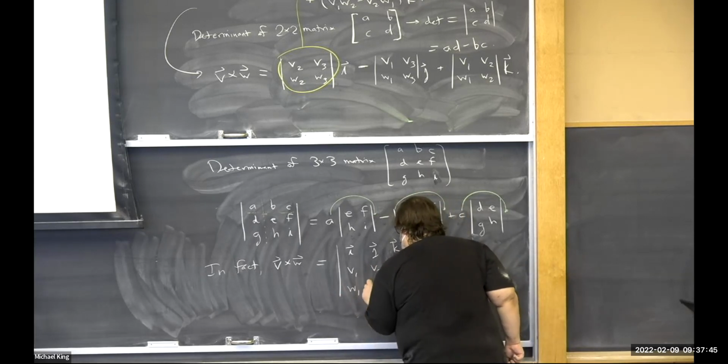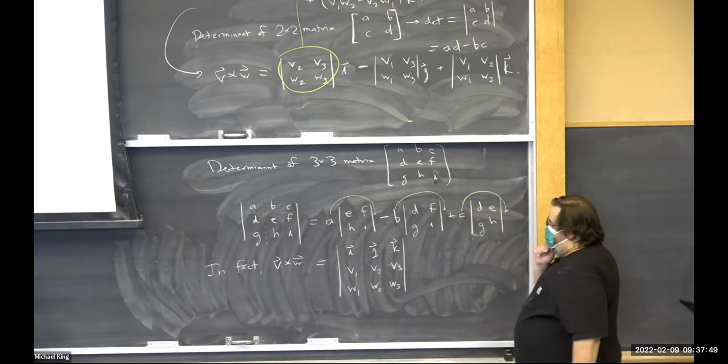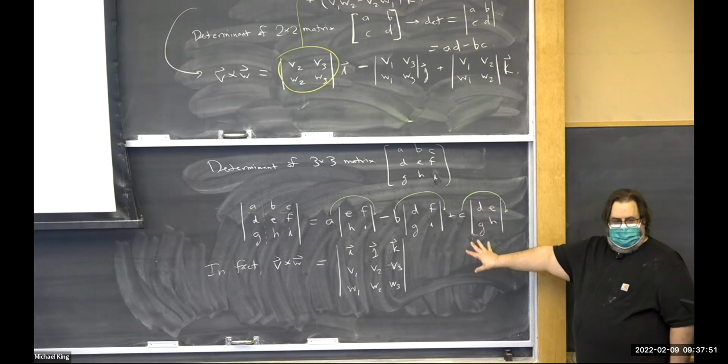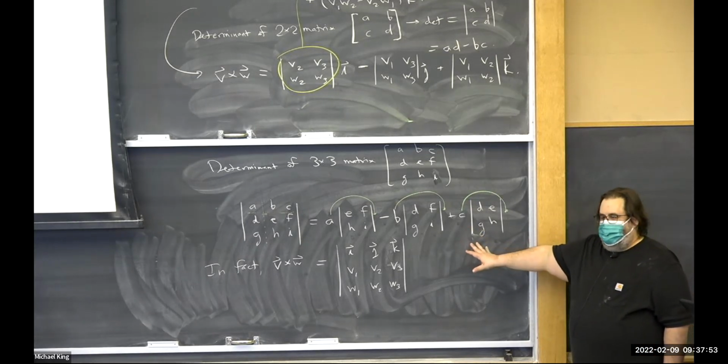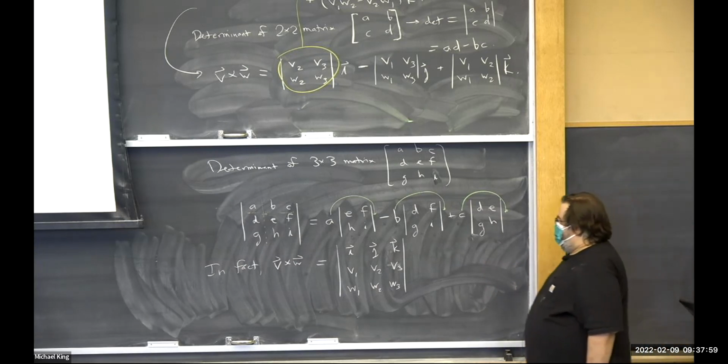And this is W1, W2, W3. So in fact, there is a nice way to package the entire weird formula into this 3×3 determinant. You can't really get rid of the weirdness, but it's inside the determinant formula.